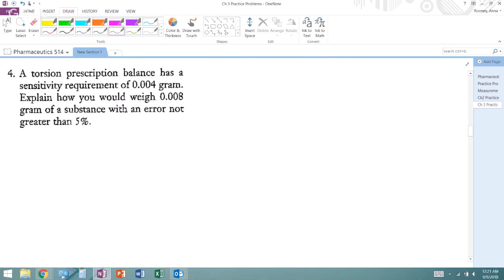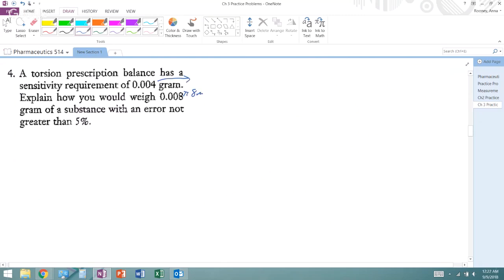A torsion prescription balance has a sensitivity requirement of 0.004 grams. Explain how you weigh 0.008 grams of substance with an error not greater than 5%. So we have to find, well, so we're going to convert these two to milligrams.